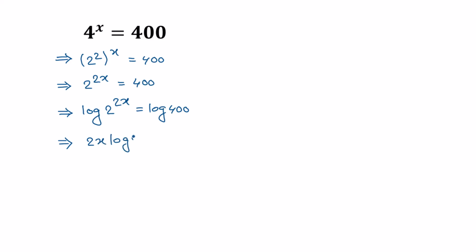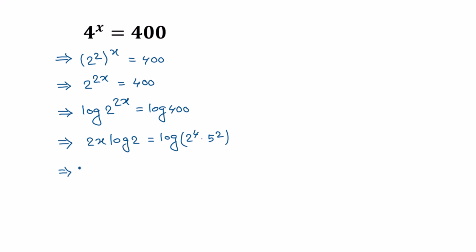On the right side, log of 400. This 400 can be written as 2 to the power 4, which is 16, times 25 is 400, and 25 is 5 squared. So 2 to the power 4 is 16, and 5 squared is 25, and 16 times 25 is 400.